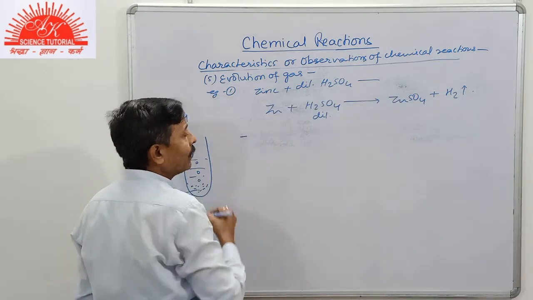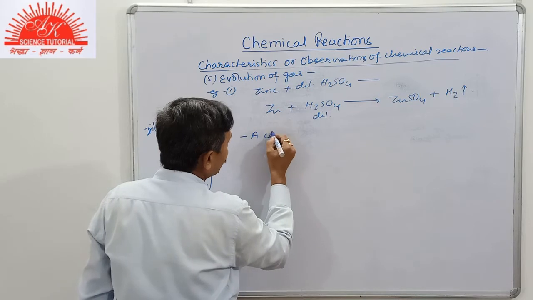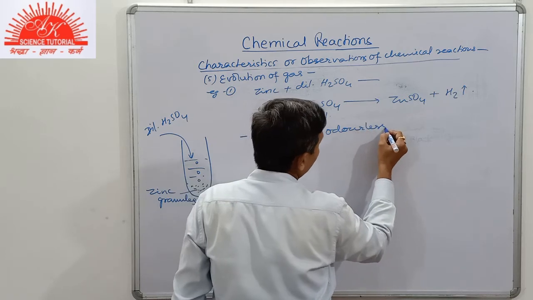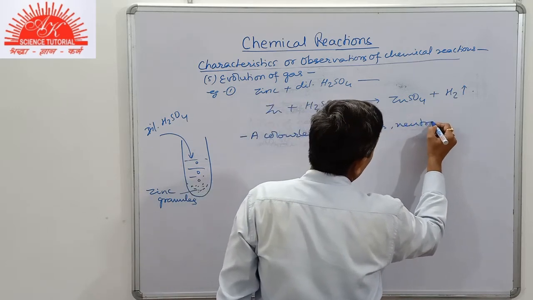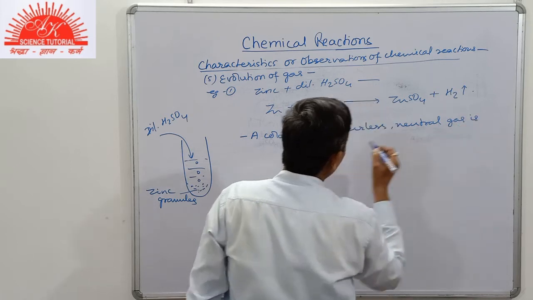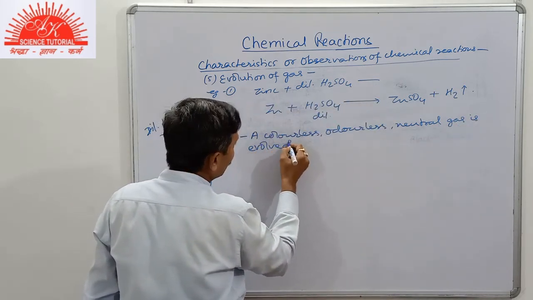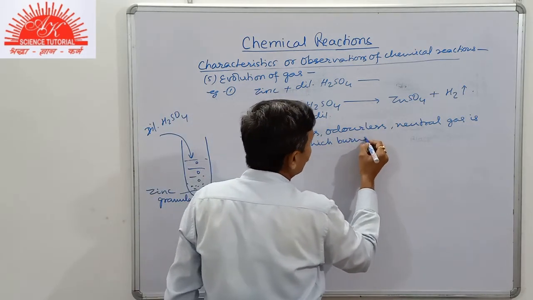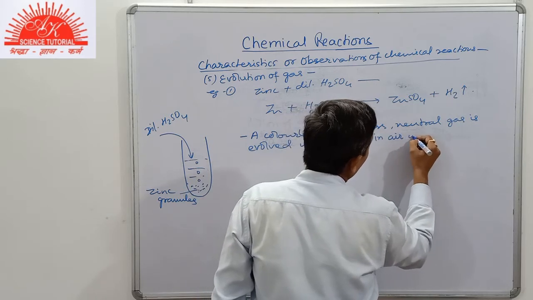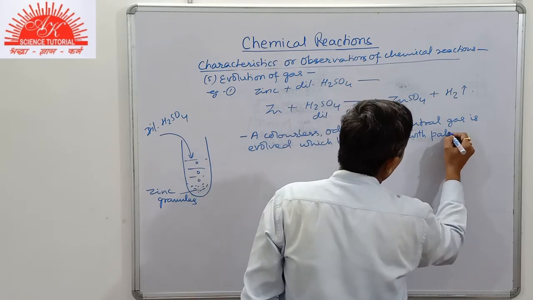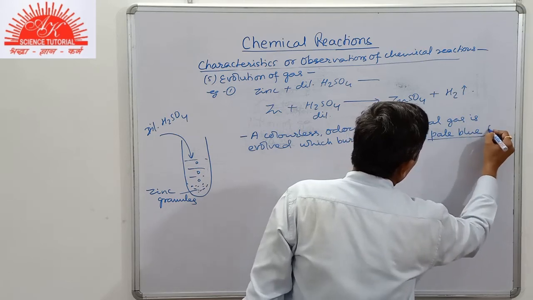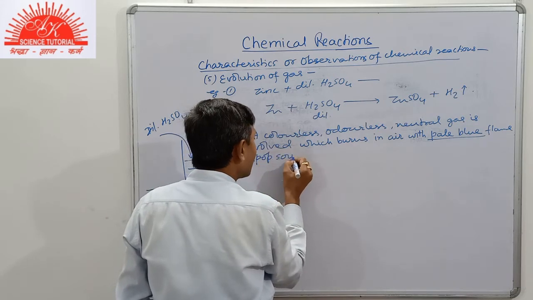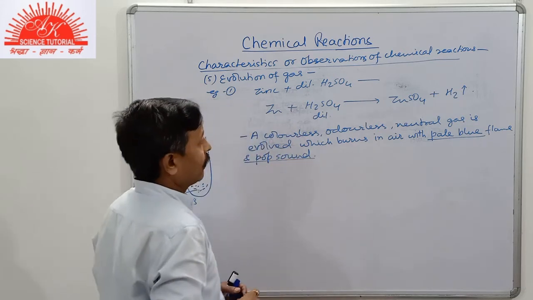We see here that a colorless, odorless, neutral gas is evolved which burns in air with a pale blue flame and pop sound, that is the characteristic of hydrogen gas.